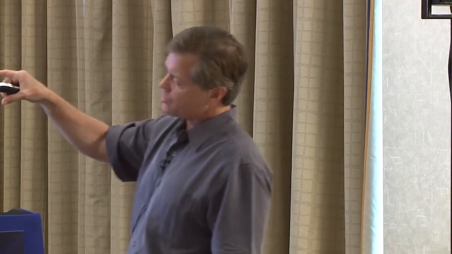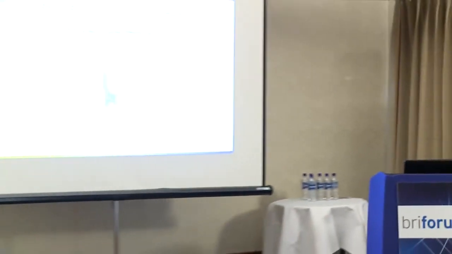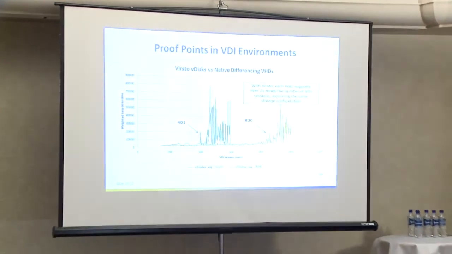A couple of slides back, you talked about getting twice the desktops per host. Can I just clarify that's per storage host? So in this particular case, we did not increase the CPU or memory in the host, and we kept the same storage config on the back end.